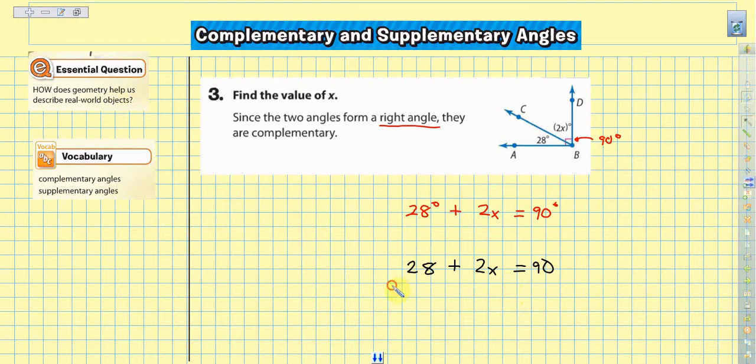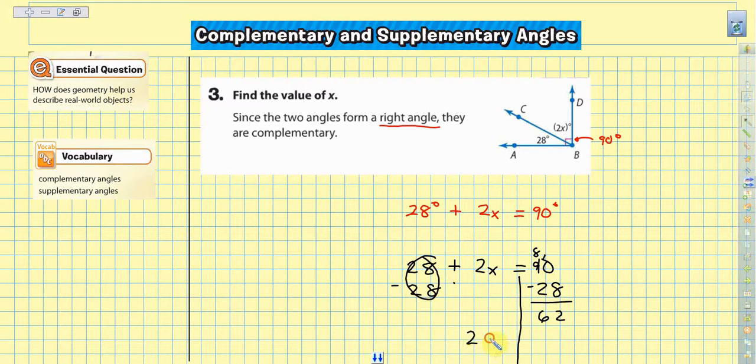Well, what do I do? I subtract 28 on both sides. Okay, got to borrow. That's going to be an 8. So I get 2 and I get 6. Oh, I forgot to draw my line. Okay, that becomes 0.